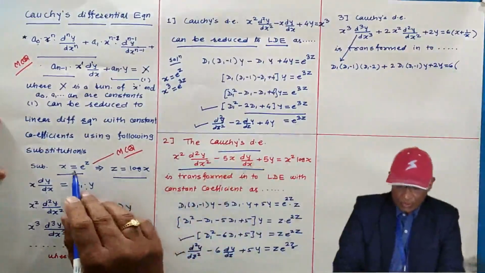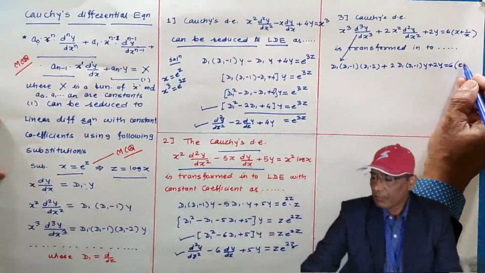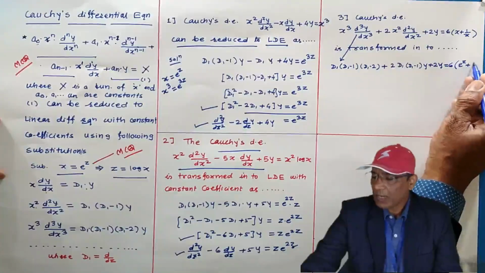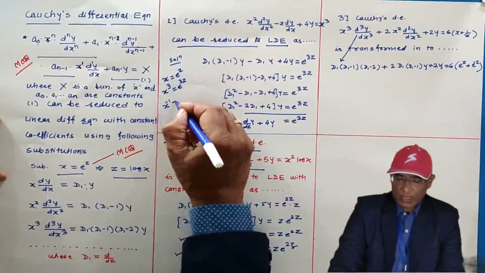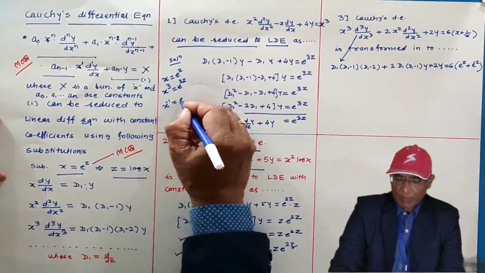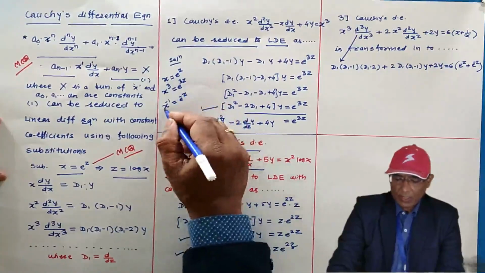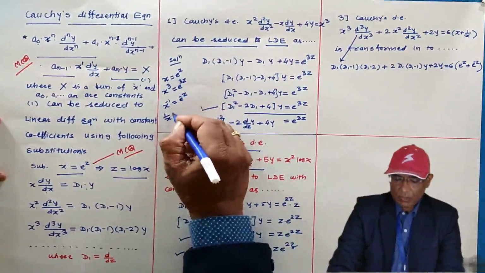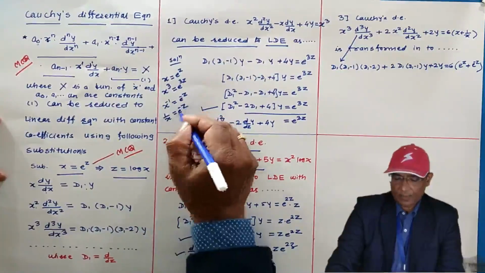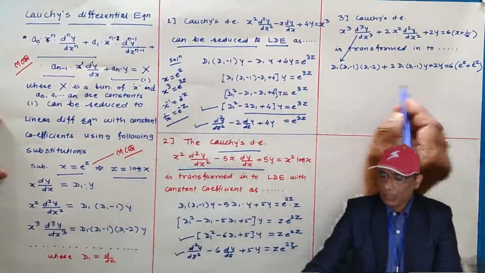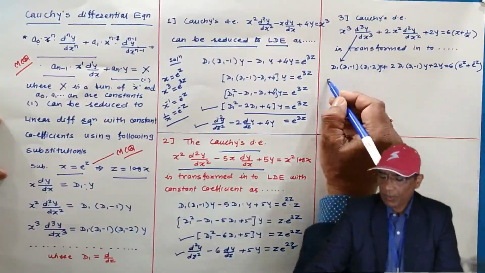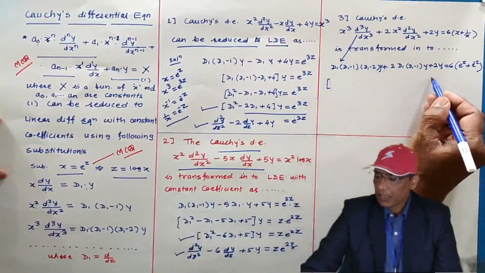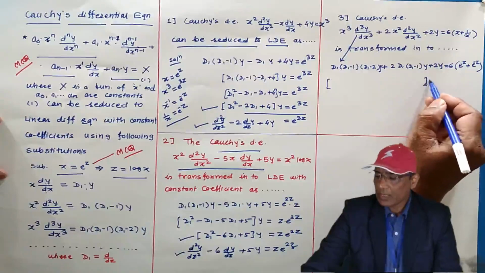X is e raised to power z, therefore x power minus 1, that is 1 by x, is e raised to minus z. Now take y common. This y I have not written here. I am taking y common. Right hand side is as it is.